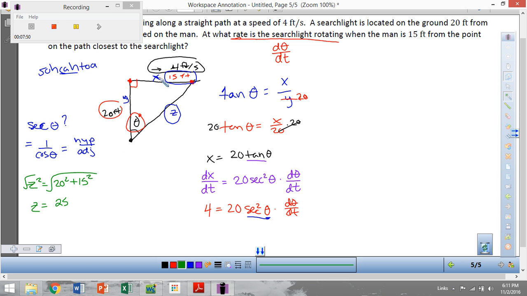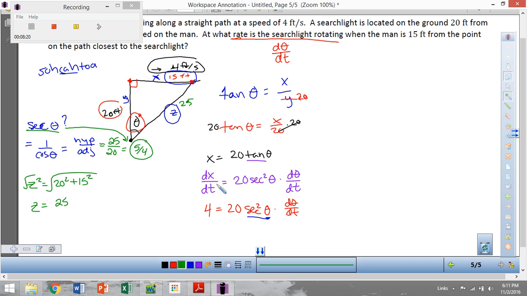So when he's 15 feet away, this is 25, which is going to help me, because now secant theta, again, I don't need to find the angle because secant theta is hypotenuse over adjacent, which is going to be 25 over 20, which I'm going to reduce to 5/4. So that is secant theta.